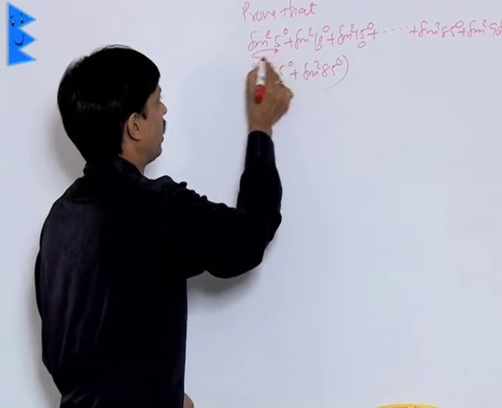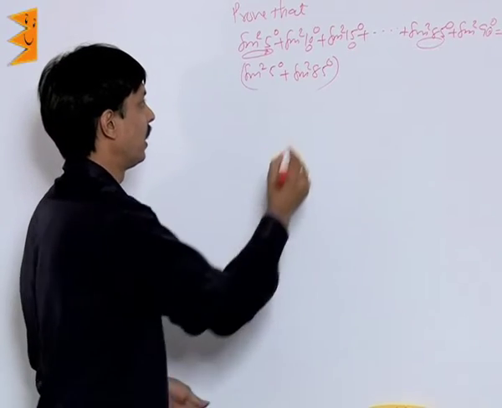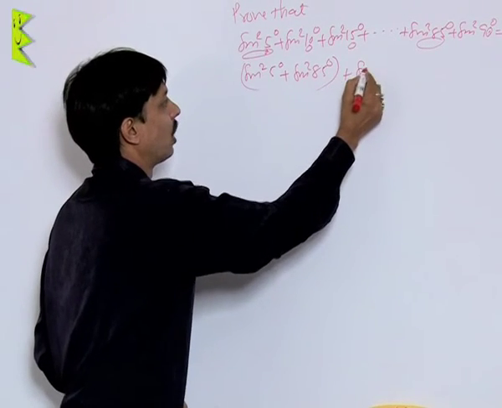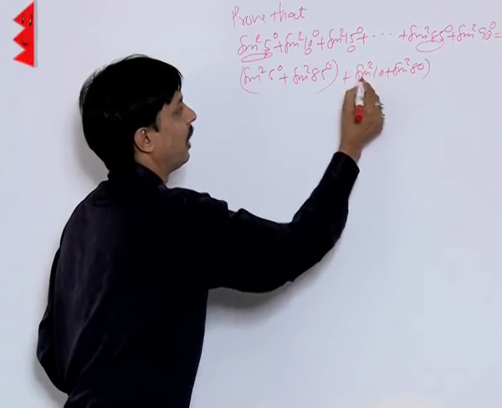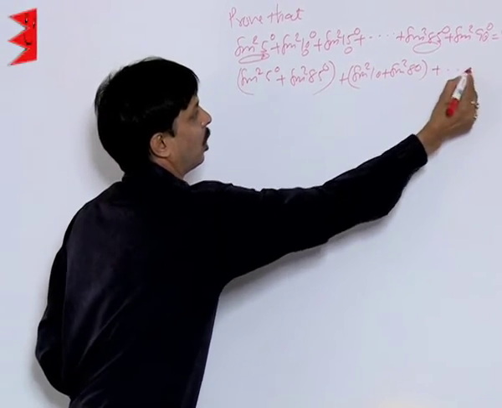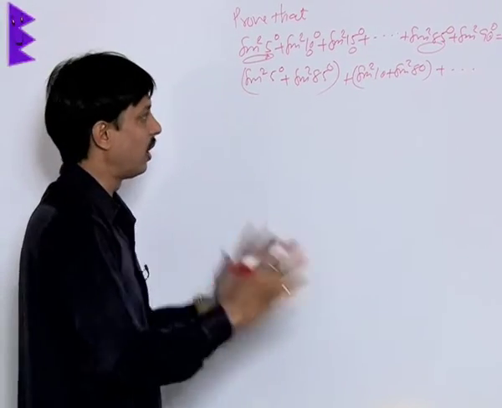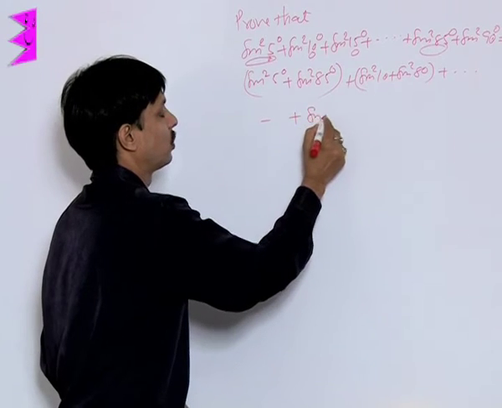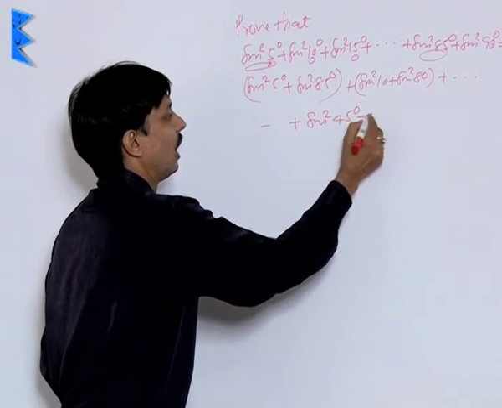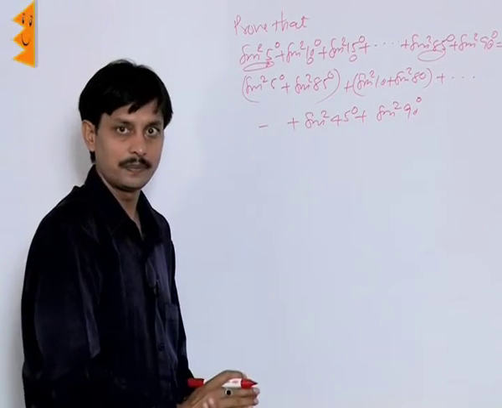Similarly, we will club sine square 10 plus sine square 80 plus dot dot dot. Similarly, all combinations will be made and only what will be left? One of the values, sine square 45 degree, and the last value, sine square 90 degree.